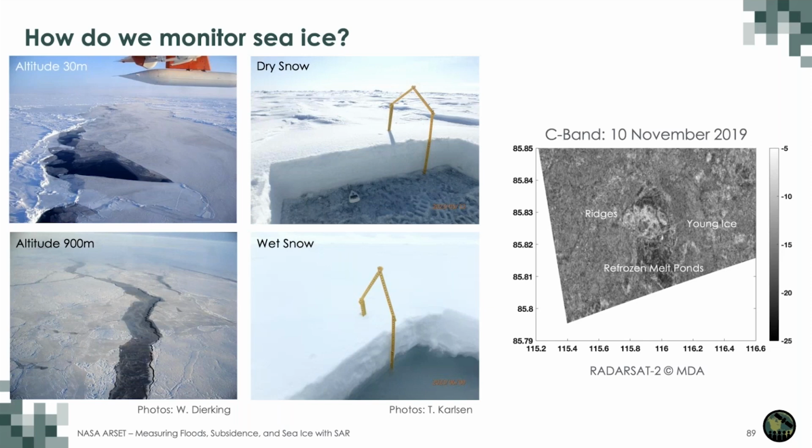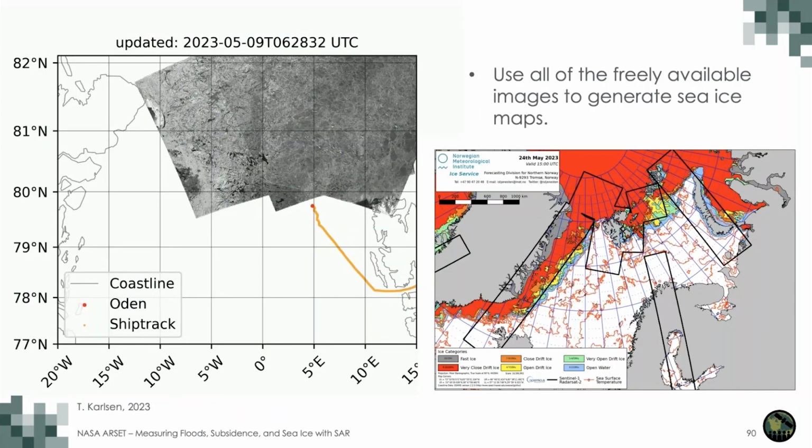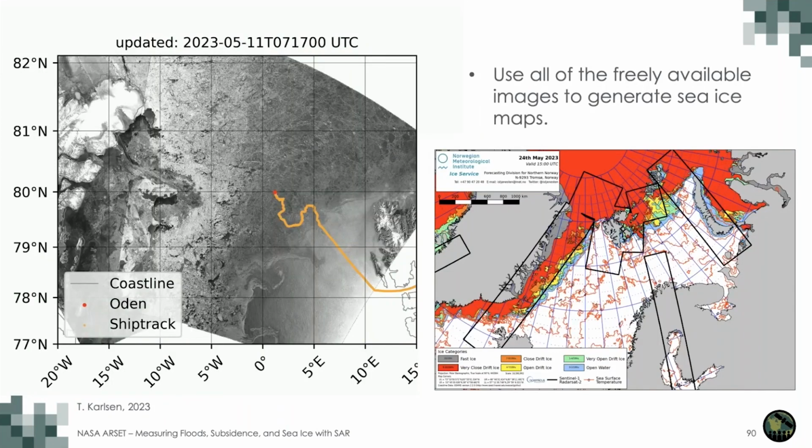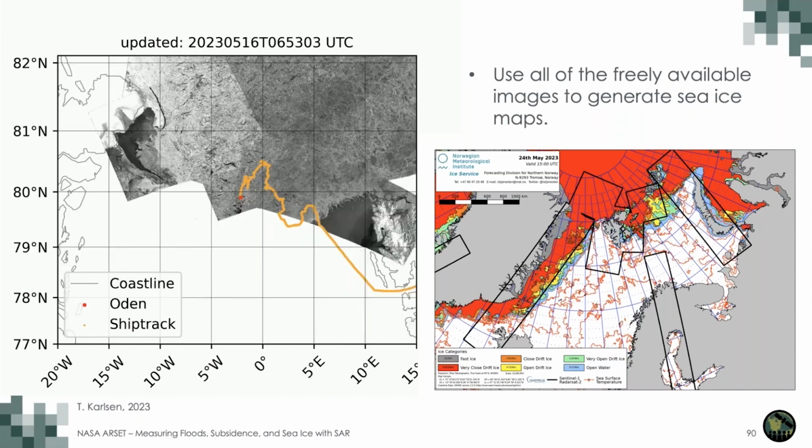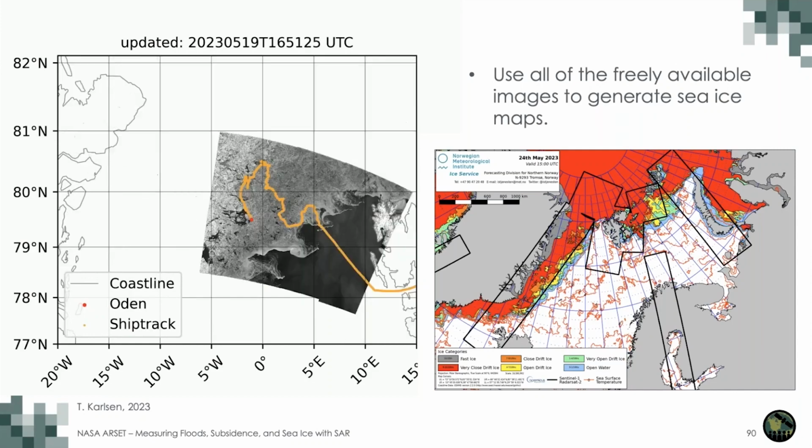We account for the snow, and we take this information that we've learned towards the SAR images, where we can then identify ridges, young ice, and refrozen melt ponds. And over time, we take a whole range of all the available SAR images within reason, and we use them to produce these sea ice maps.